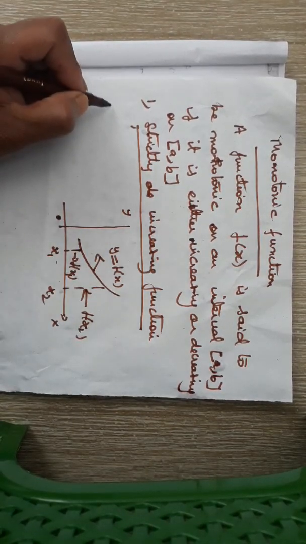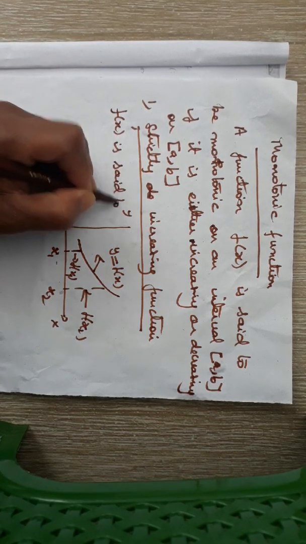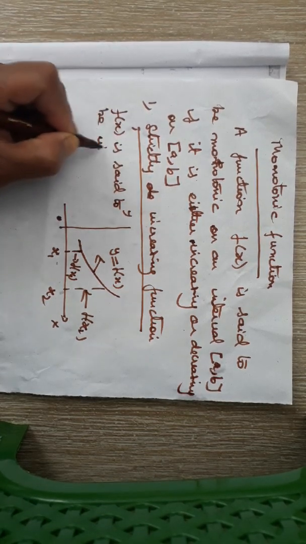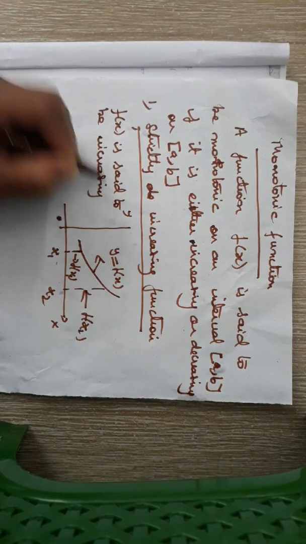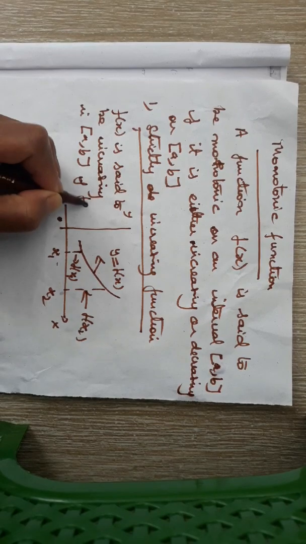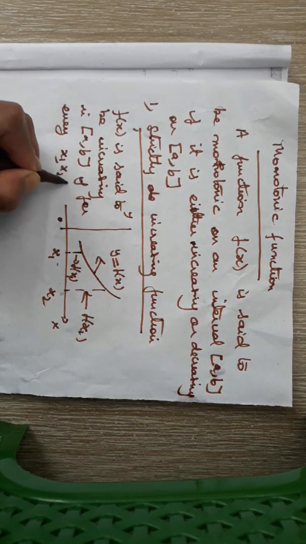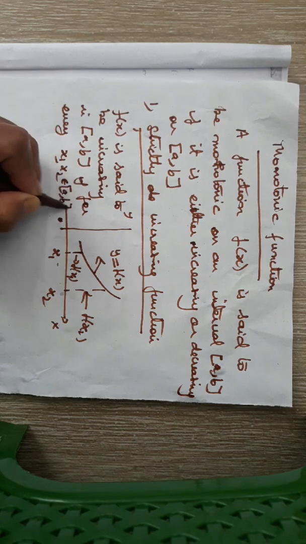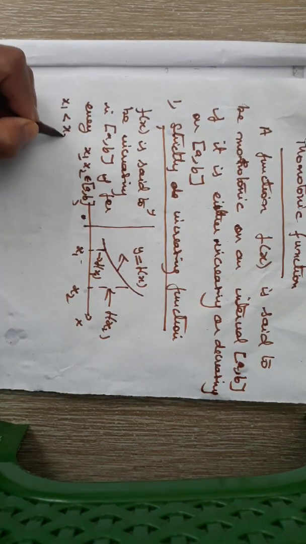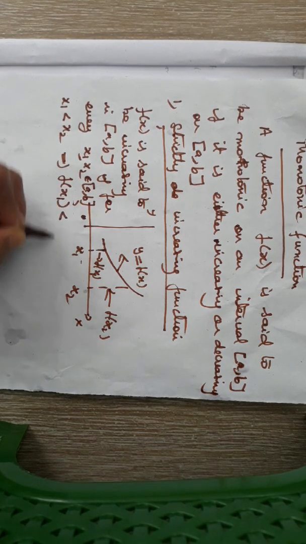So f(x) is said to be increasing in closed interval AB if for every x1, x2 belonging to closed interval AB, with x1 less than x2, it implies that f of x1 is strictly less than f of x2.